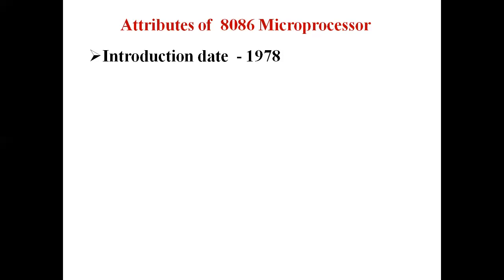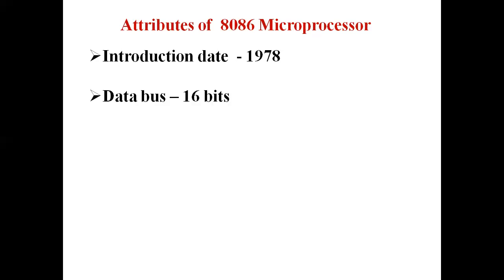The difference between the 8088 and 8086 is the size of the external data bus. The 8088 microprocessor supports an 8-bit external data bus and the 8086 supports a 16-bit external data bus.